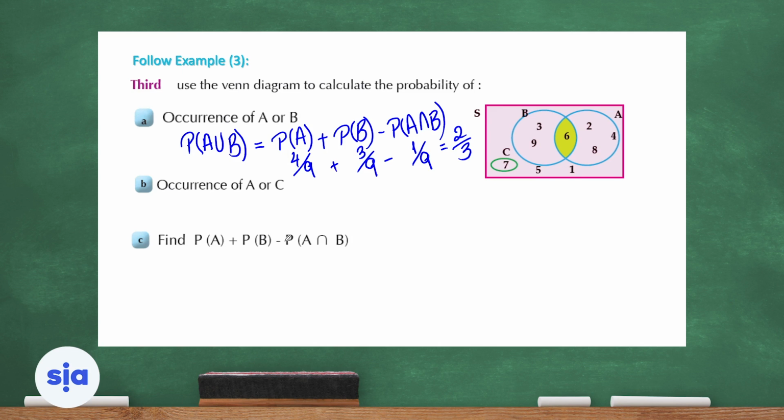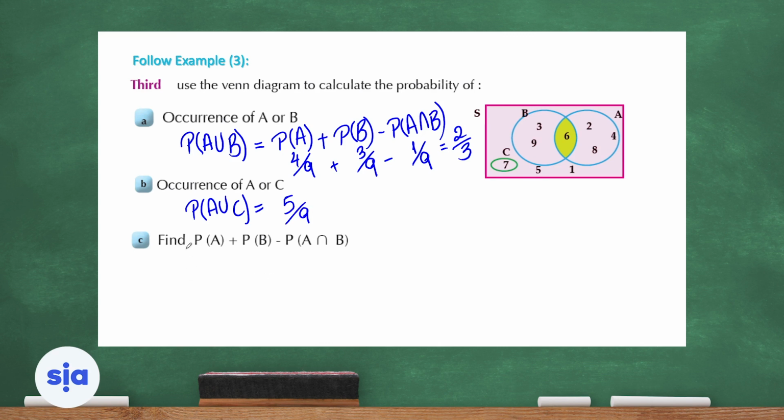The occurrence of A or C, as you can see here, the probability of A union C. If you count them, A 1, 2, 3, 4, where C is 5. So in this case, they are 5 out of 9.